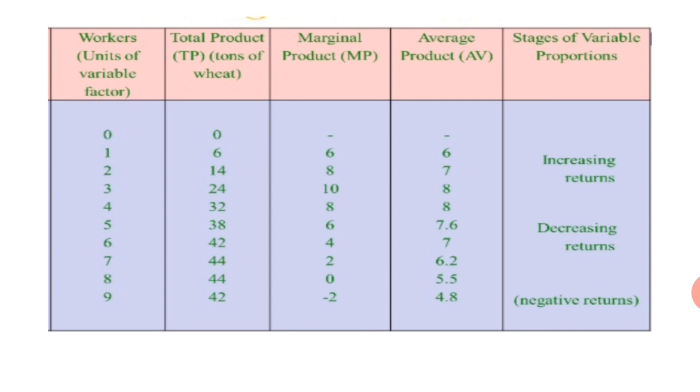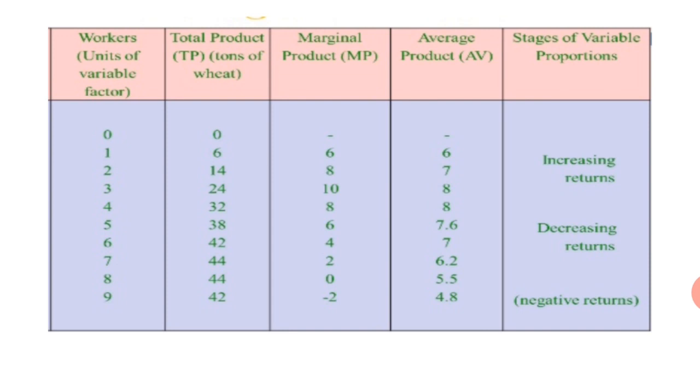You calculate marginal product by delta TPL divided by delta L. So 0 divided by 0, that will come as nil. Second, 6 divided by 1. Next, 8 divided by 1, then 10 divided by 1. Like that you have to go on calculating.